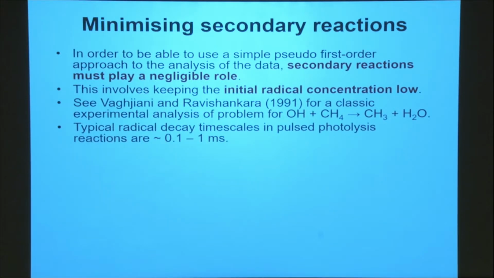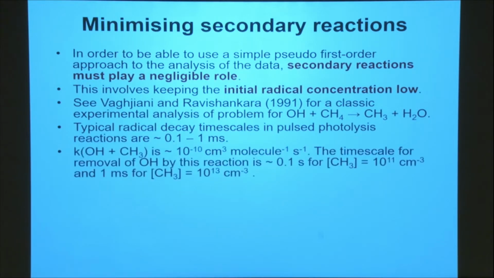So this is OH plus methane going to the methyl radical plus H2O. A typical radical decay time in a pulse photolysis experiment like this would be of the order of 0.1 to 1 millisecond. But we have the potential for a secondary reaction between OH and the methyl radical, and the rate constant for that is of the order of 10 to the minus 10 centimeters cubed molecule per second.